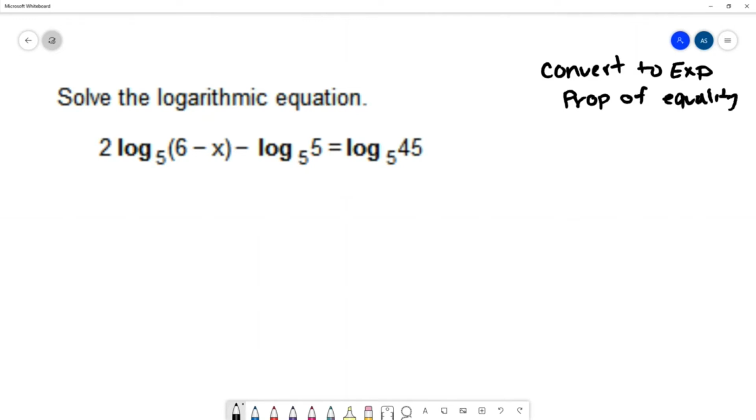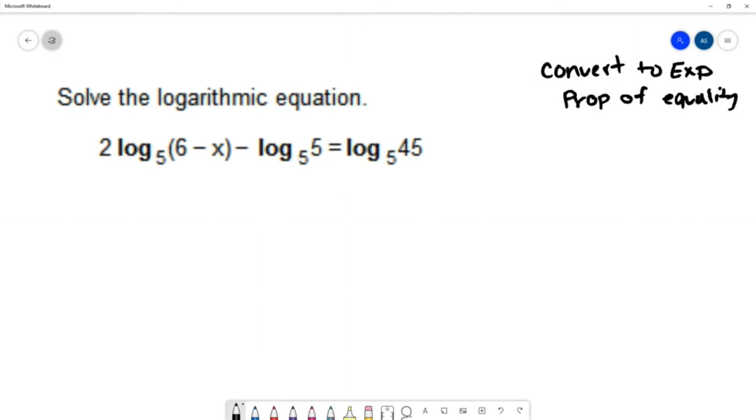And when to use these methods can be boiled down to whether you see an equation with all logs or whether you see logs and other types of terms.